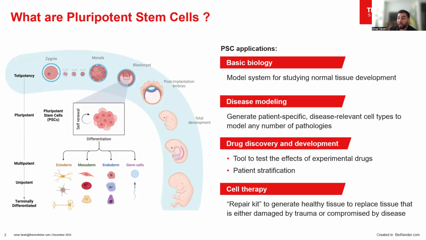Tom last week also talked about how we can use new genome editing tools to edit the genome and make specific edits into our cells before we differentiate them. And today we're going to be talking about that final process of these cells transitioning out of that pluripotent state and going down a differentiation path to eventually give rise to all the different cell types in your body, over 200 different cell types.